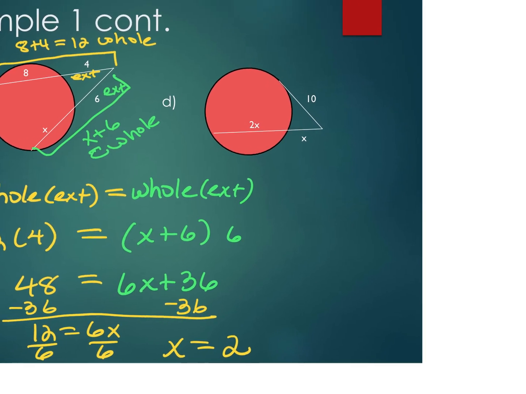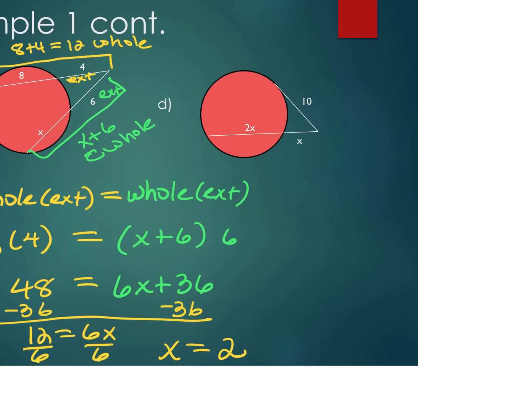So in picture D here, the 10 is a tangent, and then the secant segment, to find the whole, I need to do 2x plus x, and that gives me 3x. And then x is the external piece.